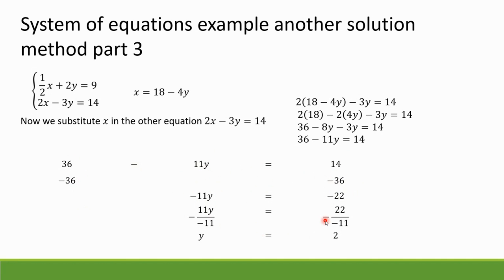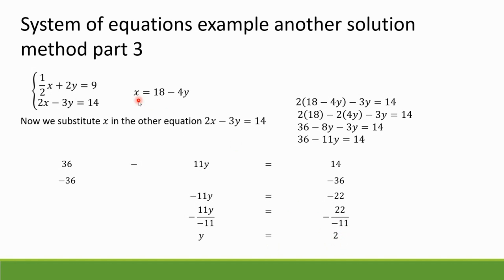Now, are we done? Well, no, we're not done yet. And why is that? We have to get x, right? Remember, our solution is an ordered pair, right? The first number is what x is. The second number is what y is, in this case 2. So we have to figure out what x is. But can we do that?